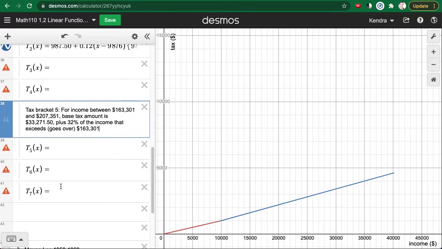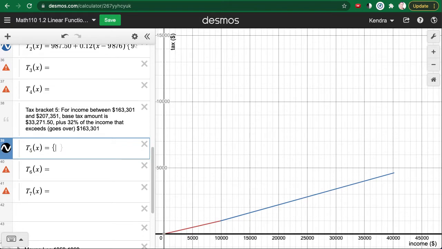Let's see if we can write this function. So we can start with setting our domain. This is for x between 163,301 and 207,351.